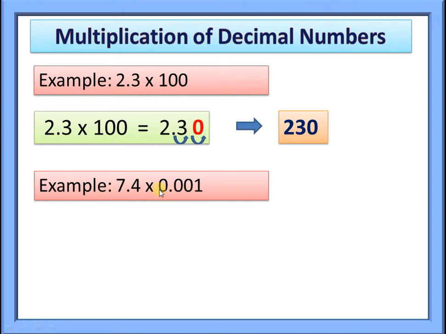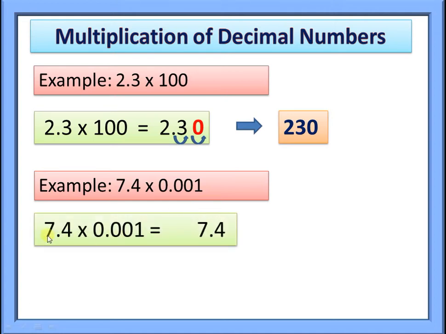In this situation, from this decimal we have 1, 2, and 3. So there will be 3 movements to the left. So it will look like this: 1, 2, 3. So the decimal will be placed here. Okay?